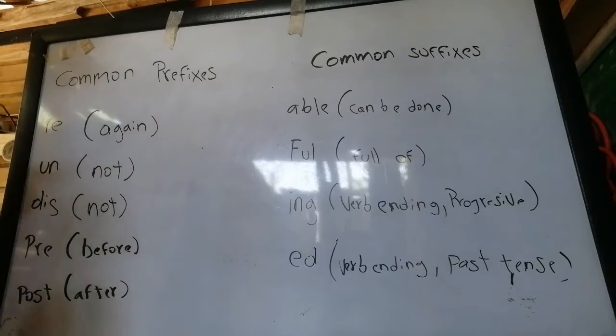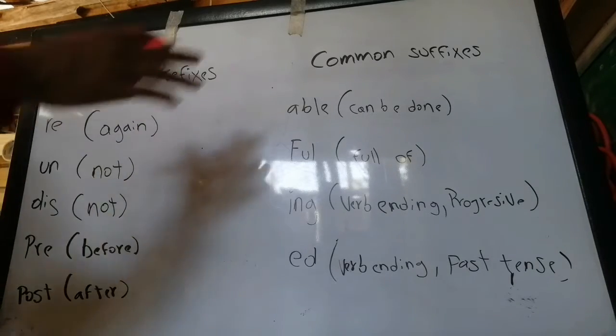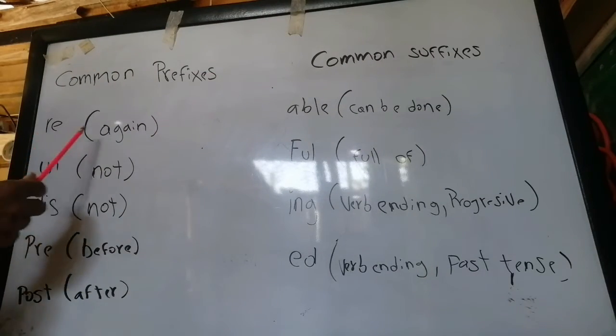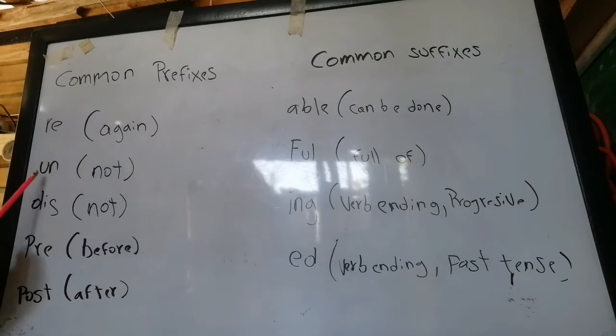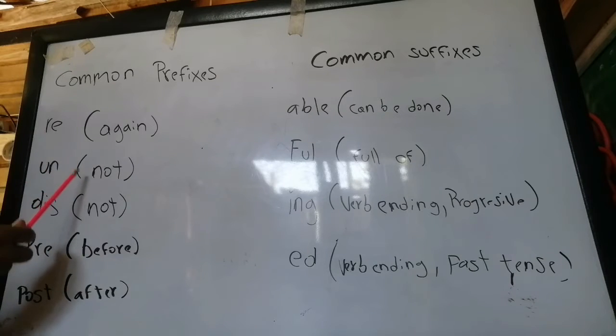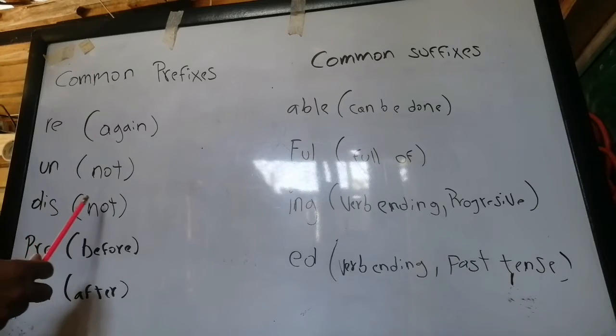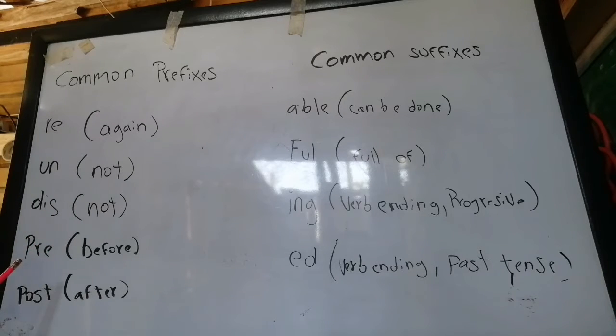As you can see, guys, we have some examples here, some common prefixes and common suffixes. For example, we have re. Re means again. We have un, which means not. We have pre, which means before. We have post, which means after.